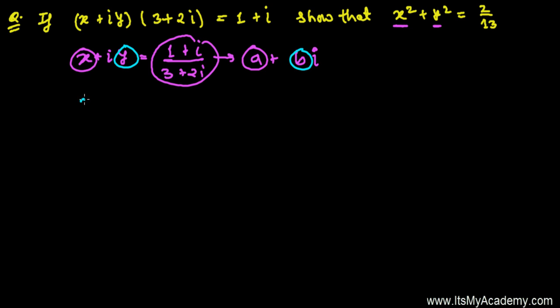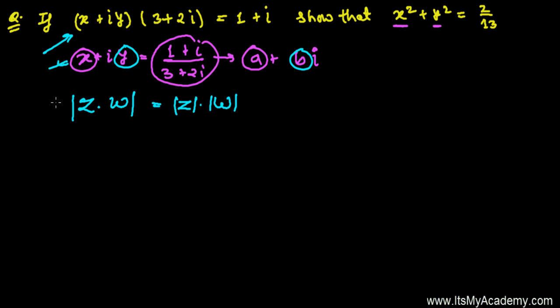Another method is you can take the modulus both sides, because we have learned that the modulus of complex number z over complex number w is equal to the modulus of z over modulus of w. In the previous question we did the multiplicative method, and now this is the division method.